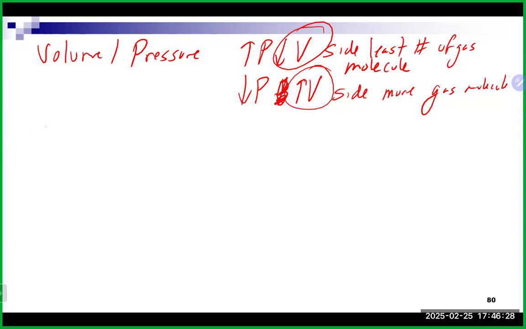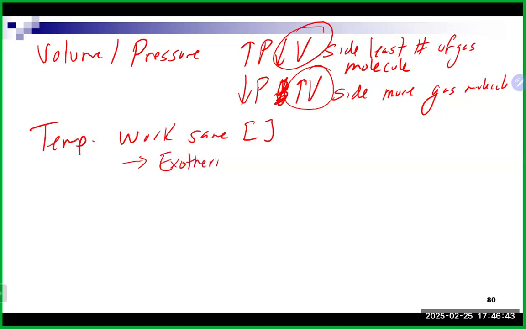We then talked about temperature as well. And remember, temperature really works the same as concentration. The difference, though, is it's really dependent on whether it is an exothermic reaction or an endothermic reaction. In exothermic, heat and energy is released, in endothermic, heat and energy is absorbed.